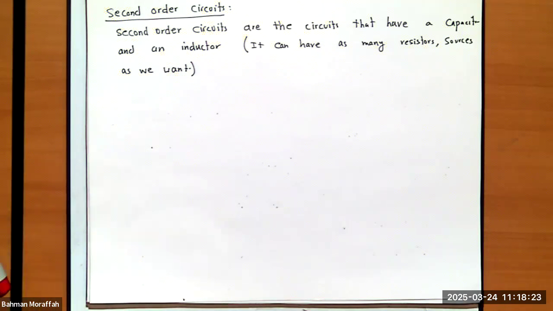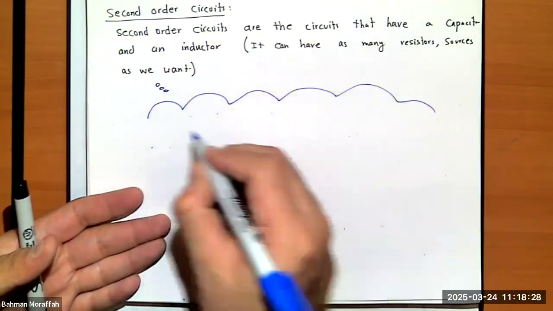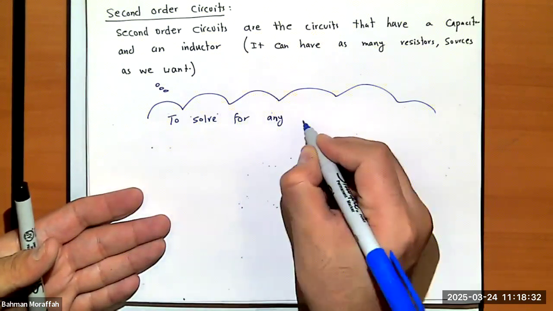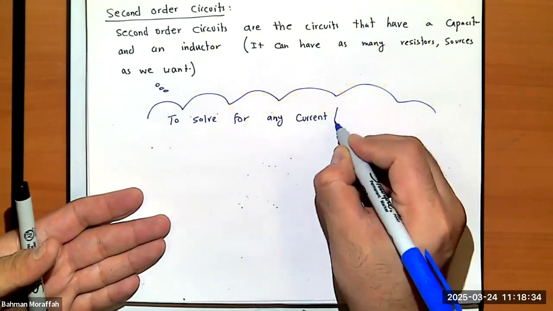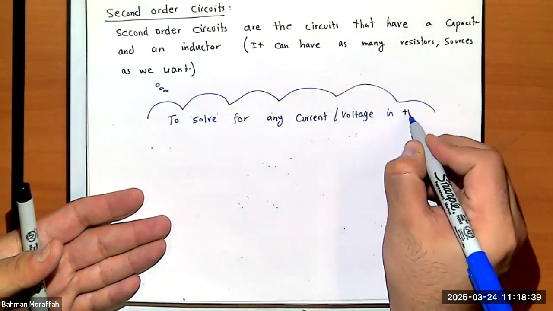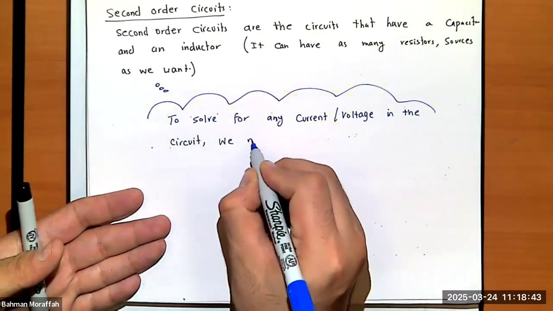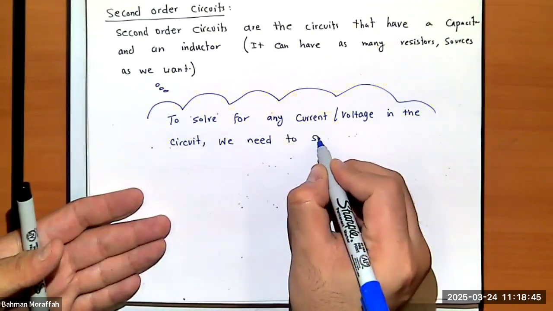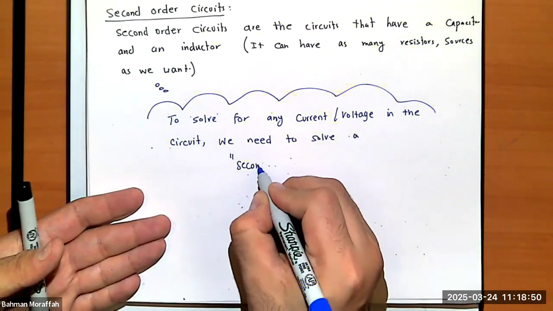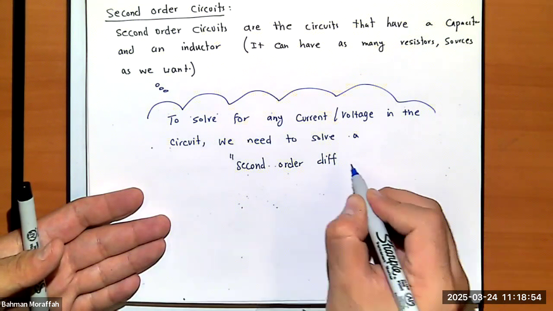So to solve for any current or voltage in the circuit, we need to solve a second order differential equation.